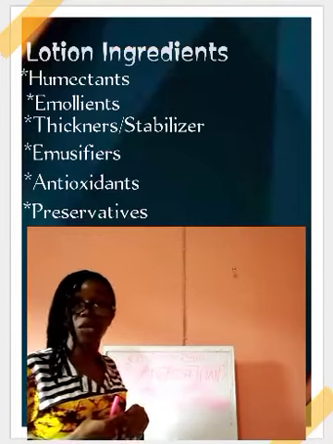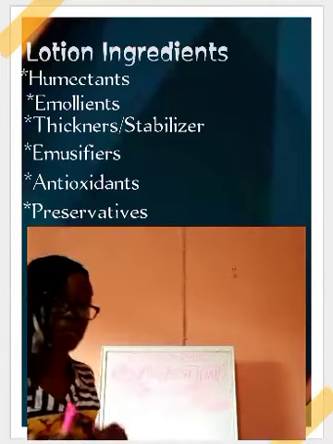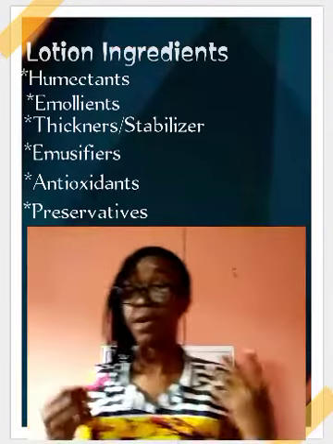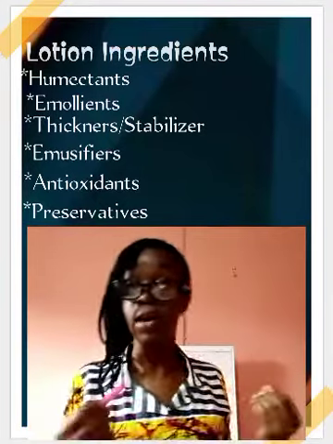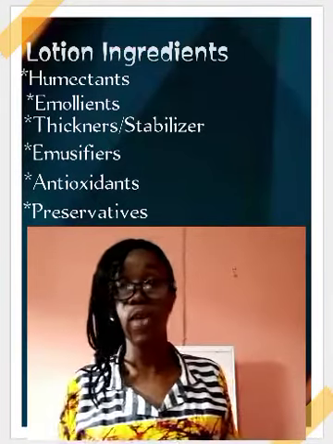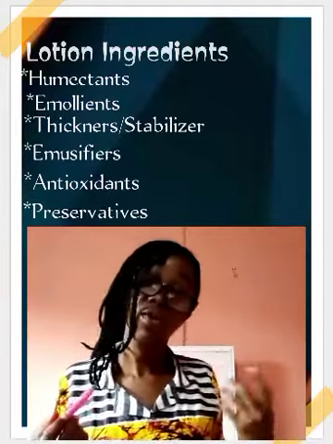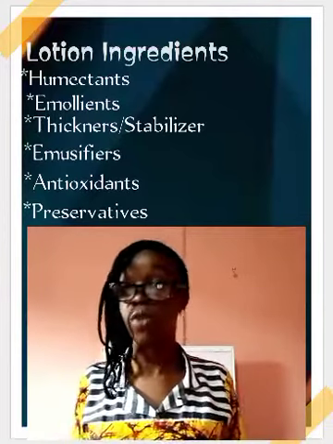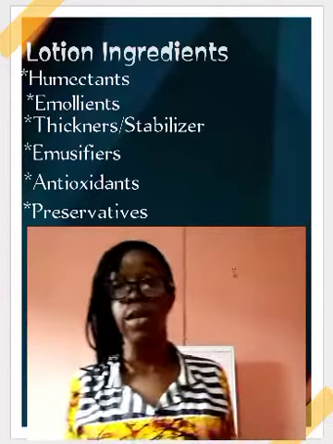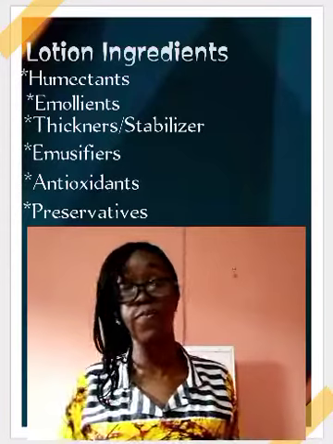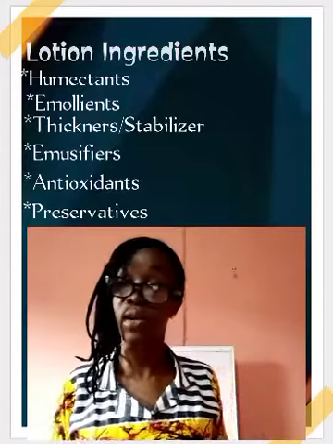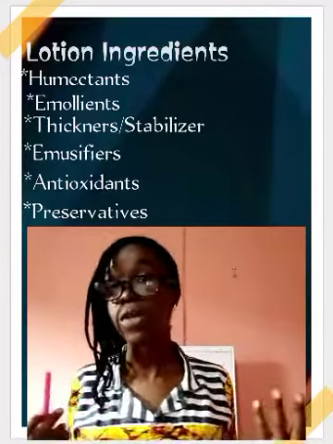In summary, I said earlier that humectants are examples like glycerin, honey, aloe vera juice, and you can also use other botanical extracts such as floral waters, like rose water, wheat germ protein, cucumber extracts, and so on.